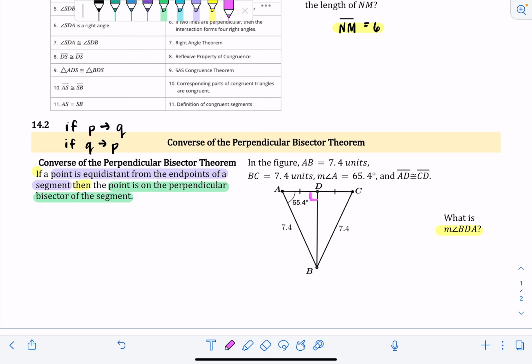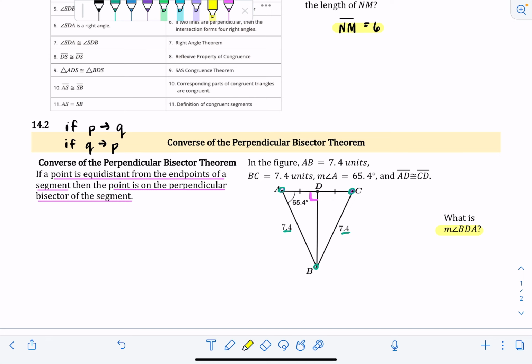Okay, so going back to the converse, it says if a point is equidistant from the endpoints of a segment. So we have a point here, B, and then we have the endpoints of the segment, which are A and C. So we know that the distance between those is equal because they're both 7.4. It says then the point is on a perpendicular bisector.